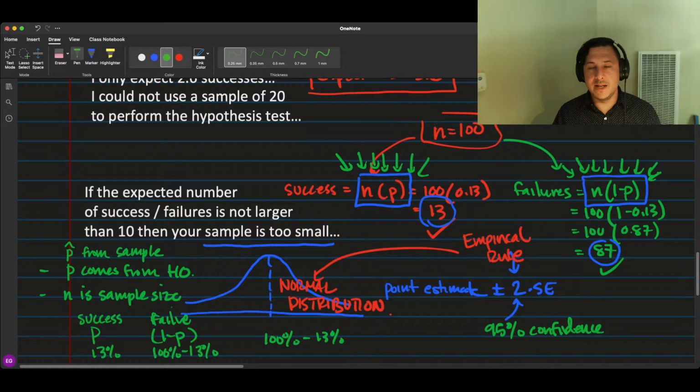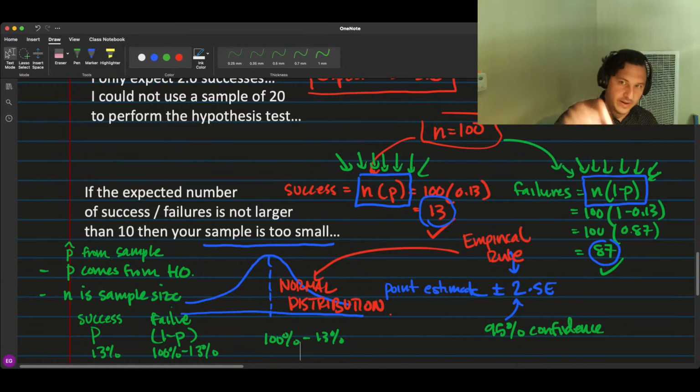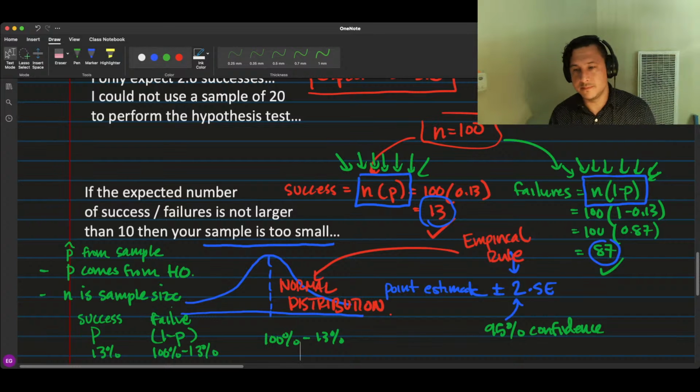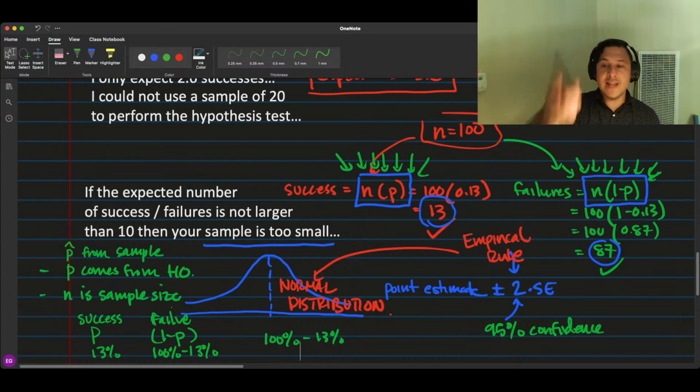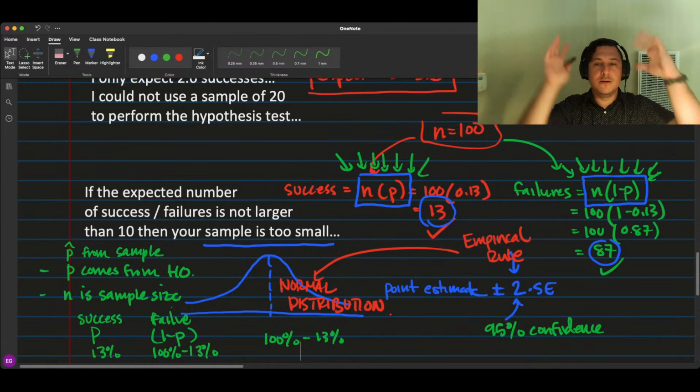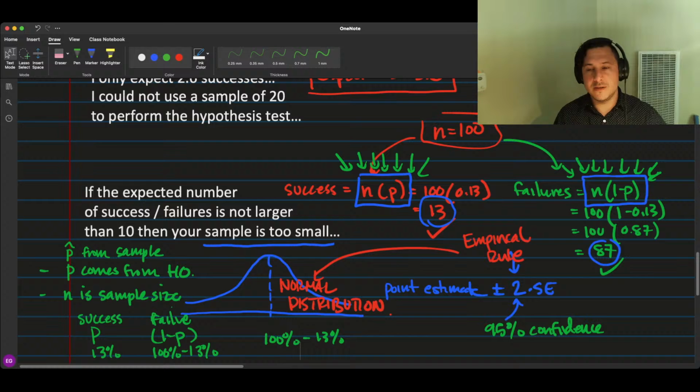So the 1 minus p tells you the probability of failure, the leftover from the 13%. Exactly, 1 meaning the whole, yes. 1 minus p gives you the remainder from p. If you take your 100% and subtract the 13% out, you get the leftover for the failures. Nice.